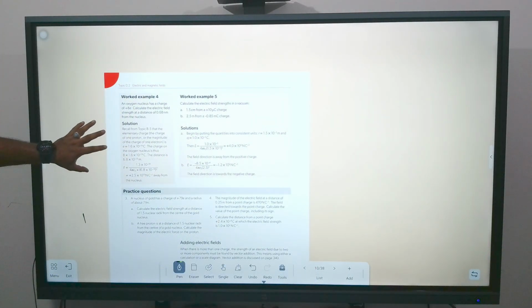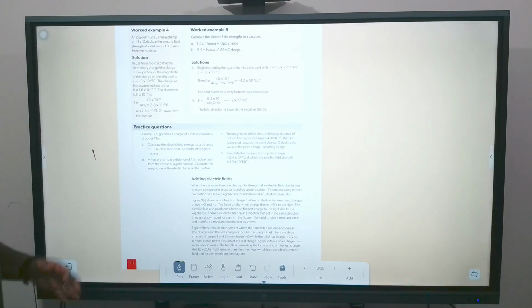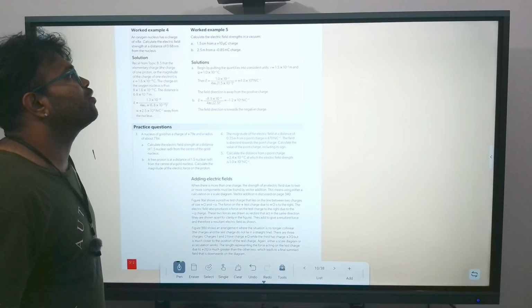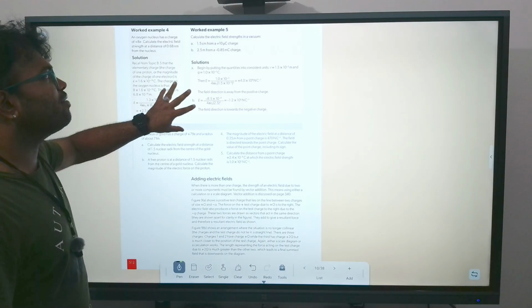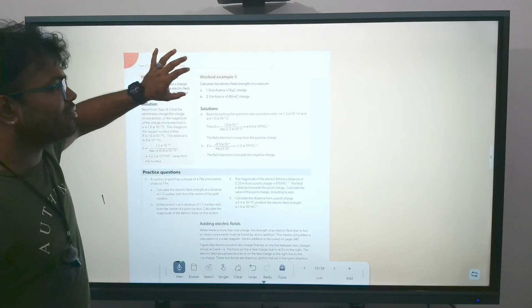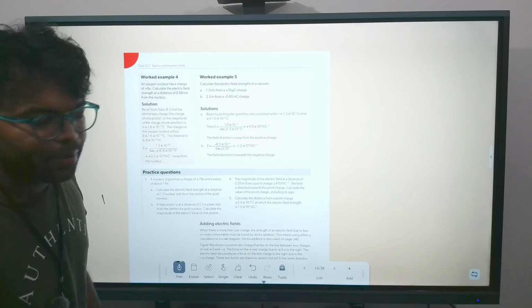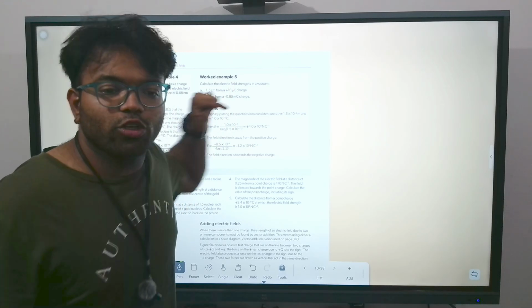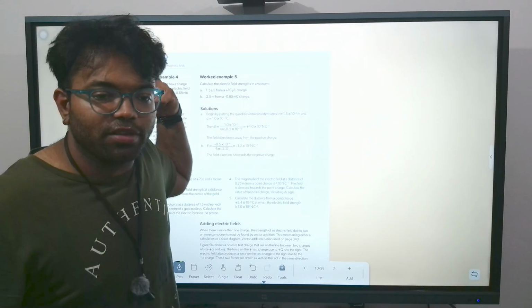Okay, now calculate the electric field strength in vacuum, 1.5 centimeters from a plus 10 microcoulomb charge. So what is happening here? Now, see, this logic is going to be the same. You're going to use kq upon r square, but the only answer that's going to be different is whether it is going towards the charge or away from the charge.